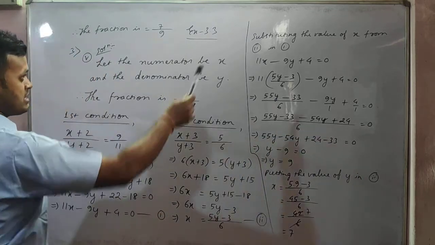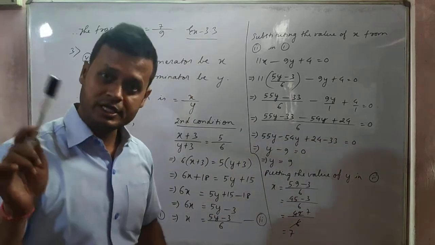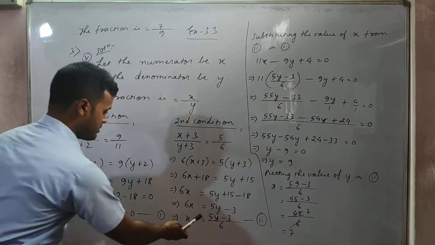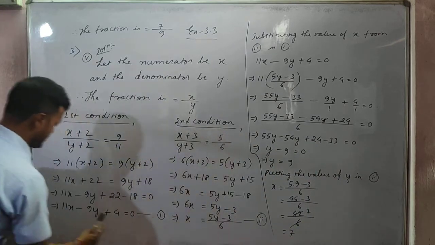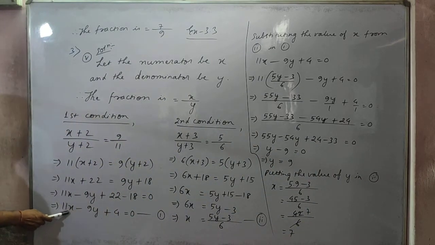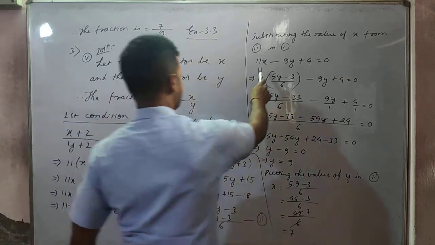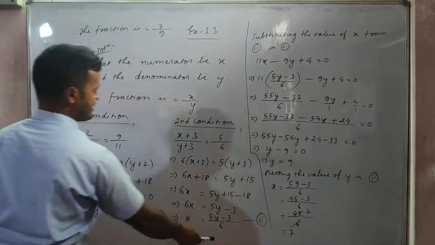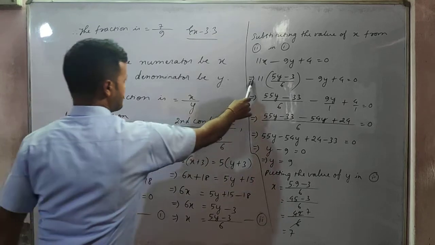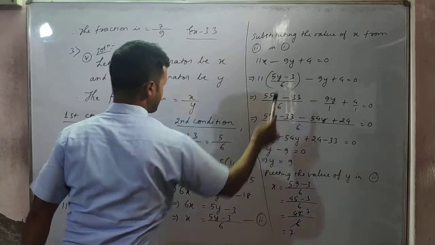So substituting the value of x from equation 2, I am putting it here in equation 1 in place of x. So in place of x I put 5y minus 3 by 6. 11 into 5 will become 55, 11 into 3 will become 33.